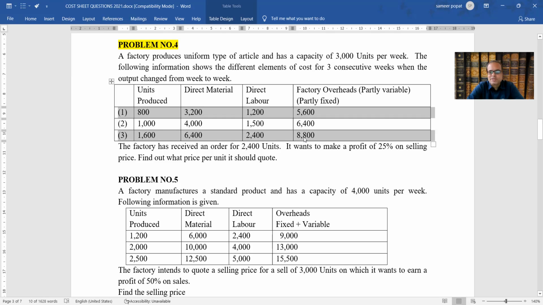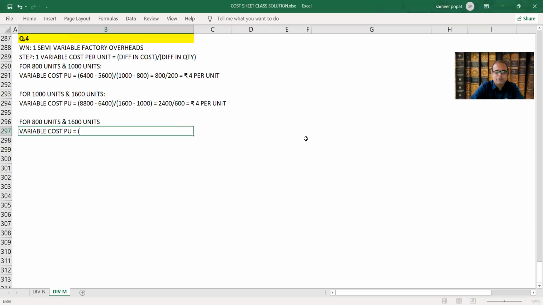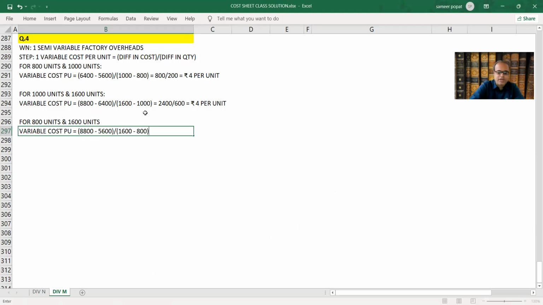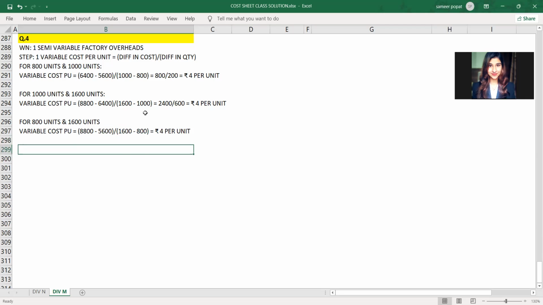And for 1600, it is 8800. So 8800 minus 5600 divided by 1600 minus 800. You should get again the same rupees 4 per unit. Just check it. Yes, sir.